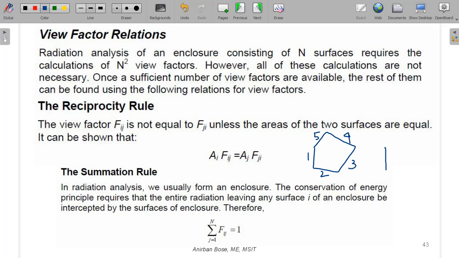If you consider this one, this is not an enclosure. There are 3 surfaces, suppose. So what we do, we simply consider another surface which is shown by the dotted line, and we make an enclosure out of it.